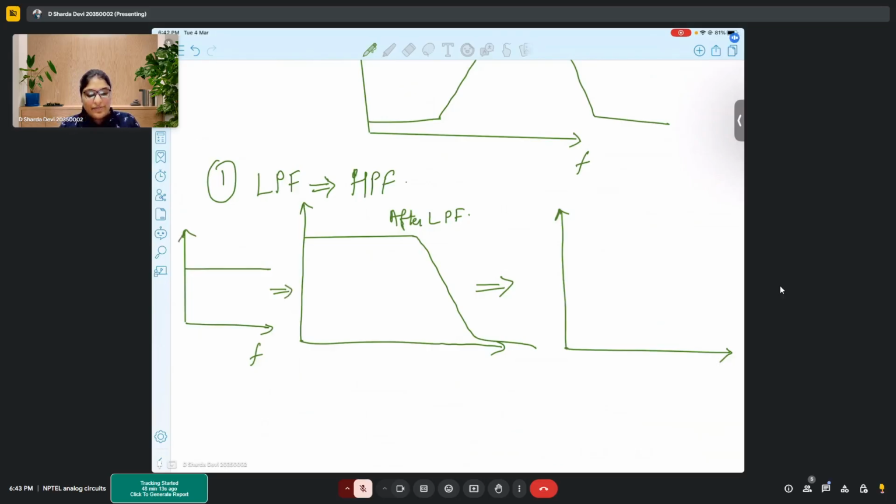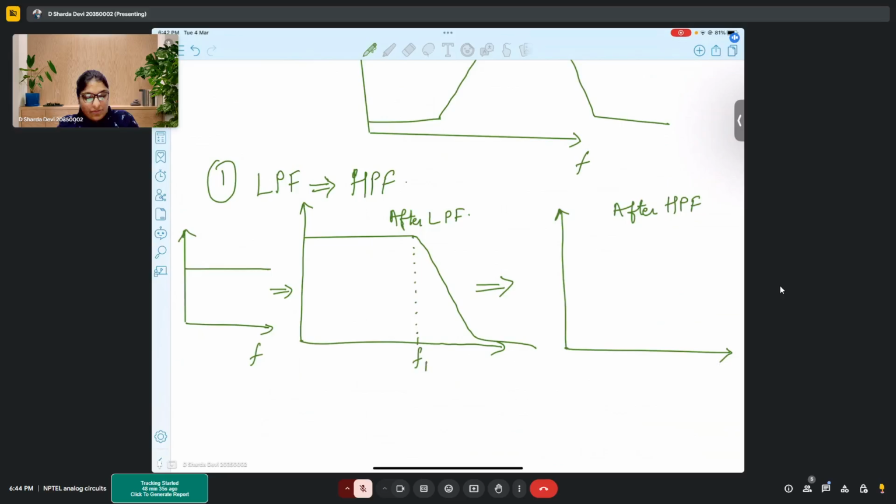So we had all the frequencies. Out of them, we have selected some frequencies through low pass filtering, and then we are going for high pass filtering. After high pass filtering, we have to be very careful about the cutoff frequencies.